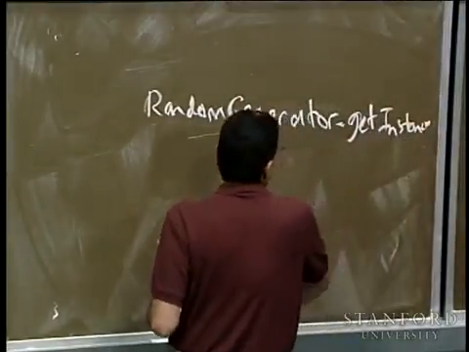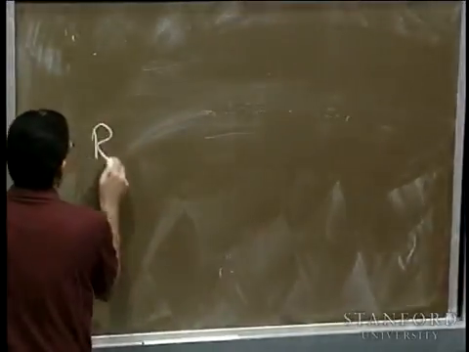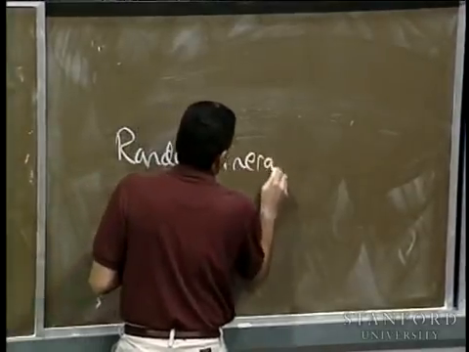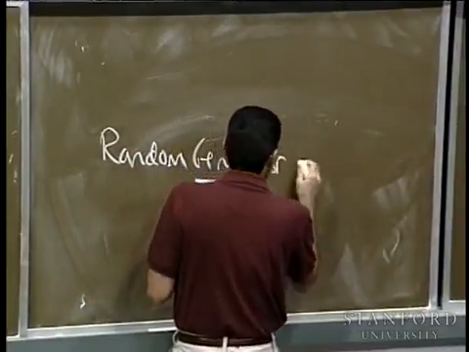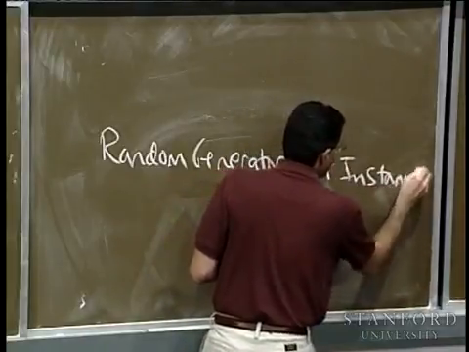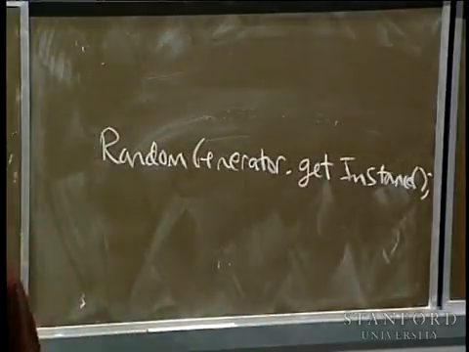I can't fit it all on this board. Let me write it on 2 lines. Oh, I'm just in this hailstorm of chalk. RandomGenerator.getInstance. There are no parameters here. And what that means is give me an object of the random generator type.